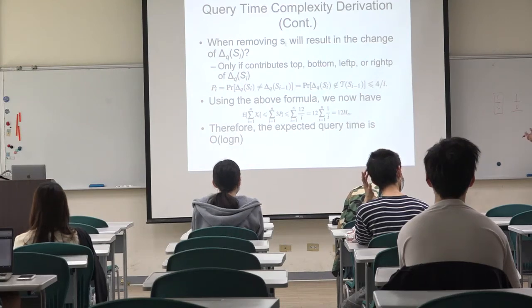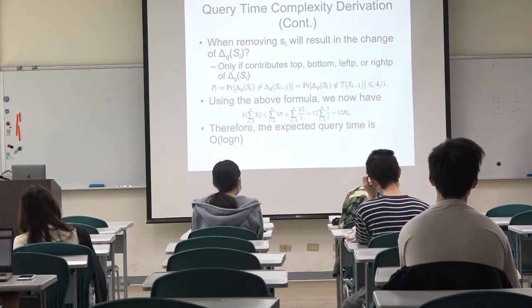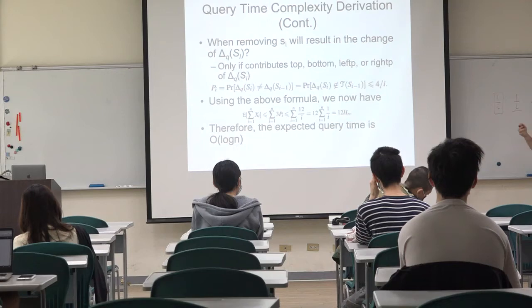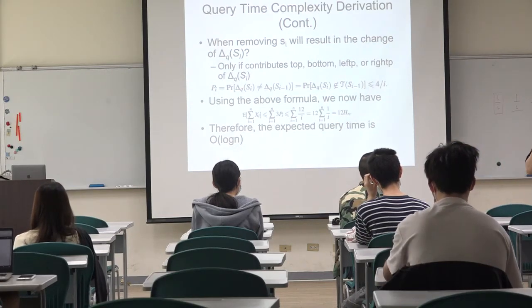And the probability for Si to serve as the bottom is also 1 over i. The probability for that segment to contribute leftP is also 1 over i, and to contribute rightP is also 1 over i.